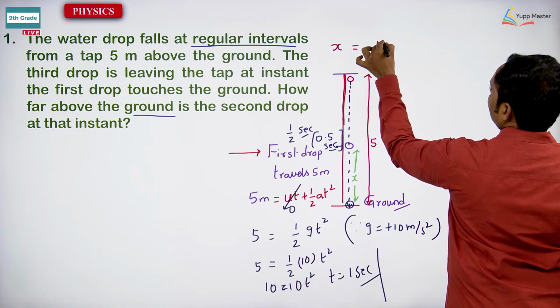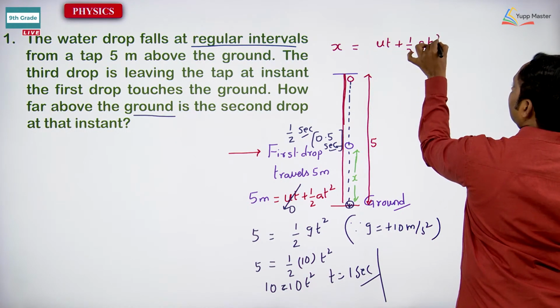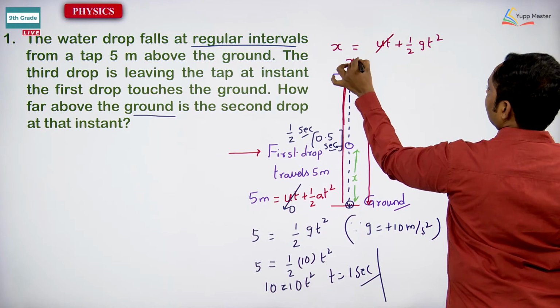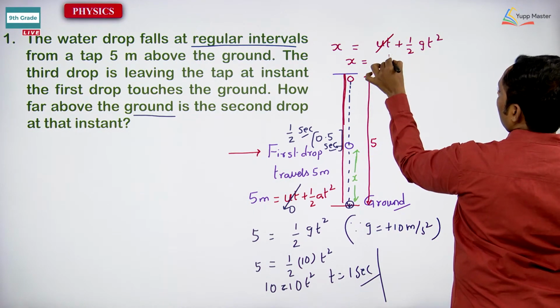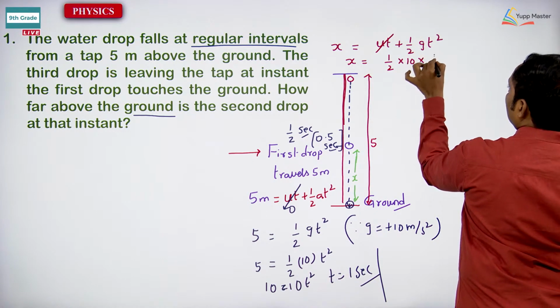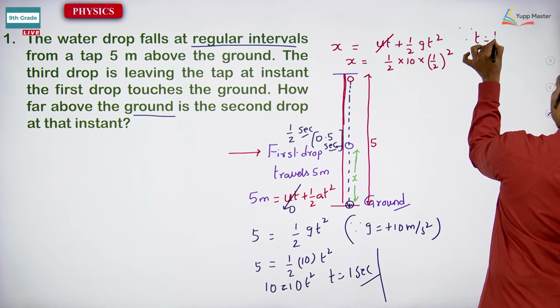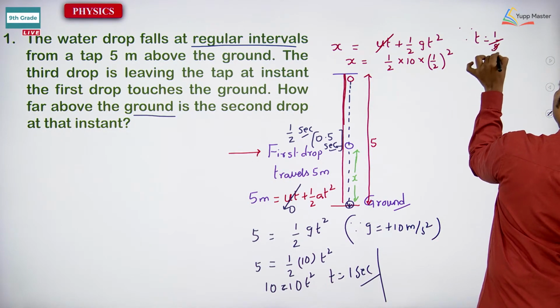That is u t plus half g t square, where u is 0. So x is equal to 1 by 2 into 10 into 1 by 2 square, because t is equal to 1 by 2 second.